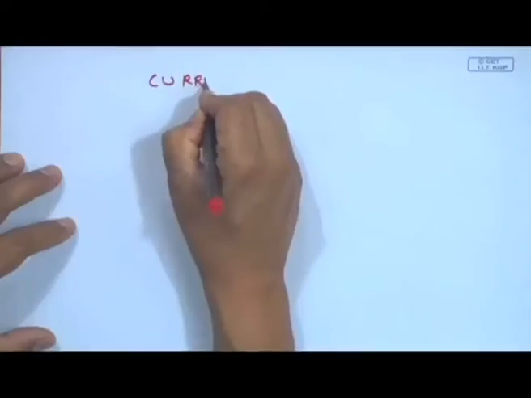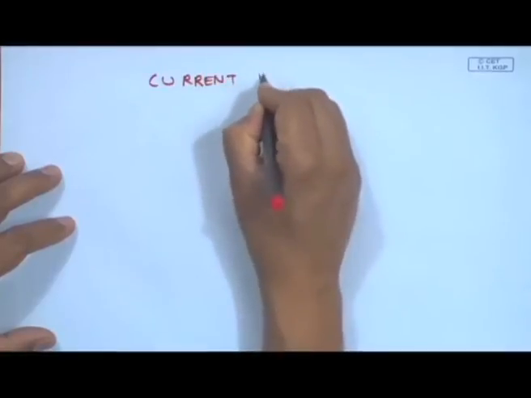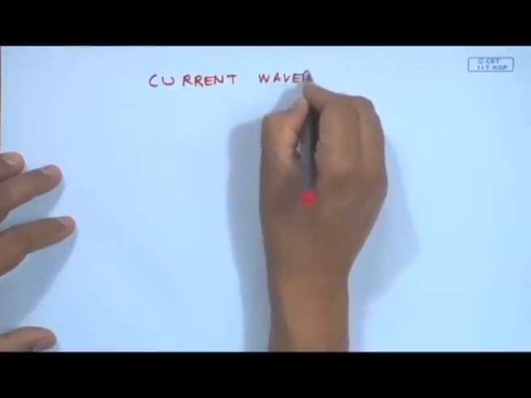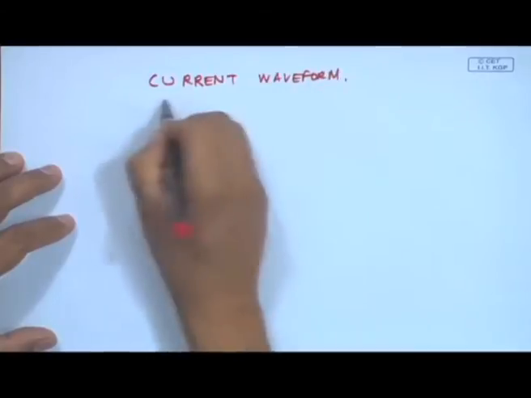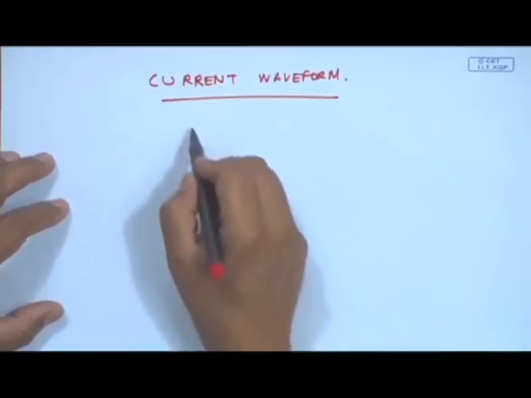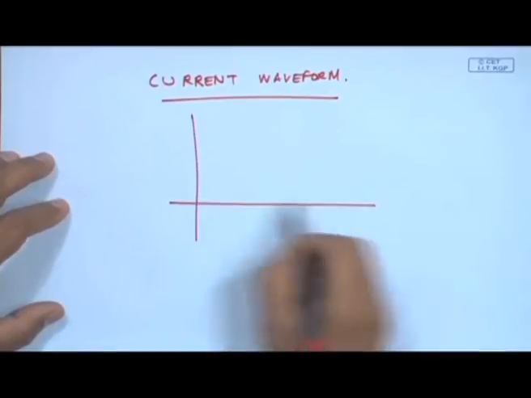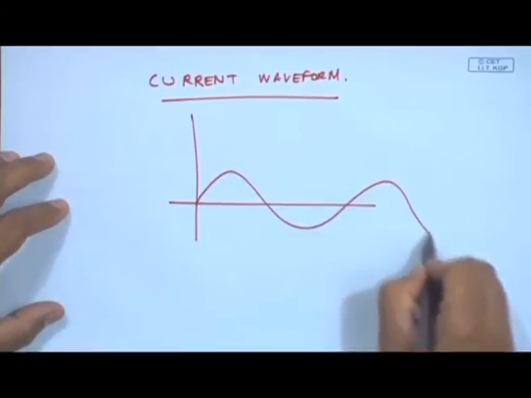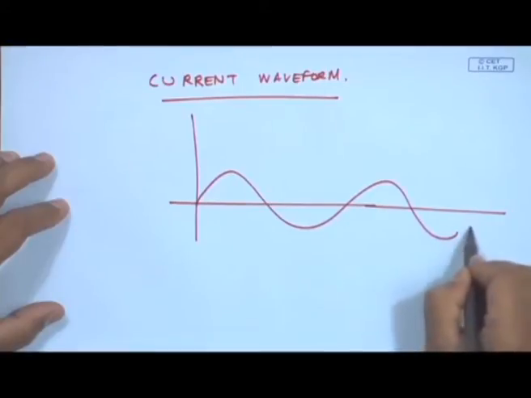I do not know that. So, once I see the current waveform to begin with in an oscilloscope and then do its frequency analysis, I get a better idea. So, everything depends on this current waveform.